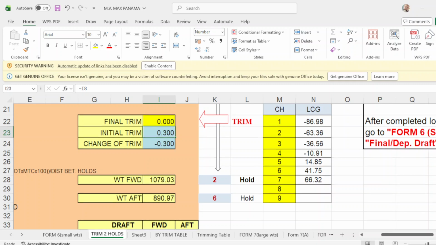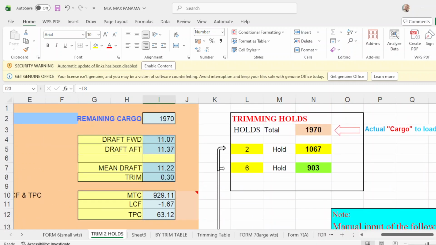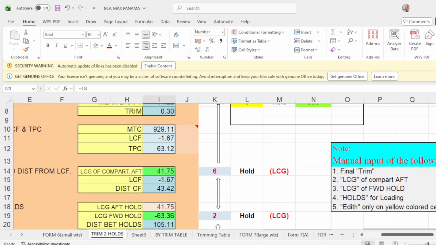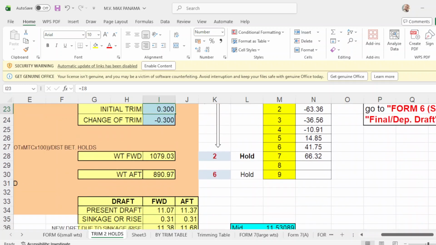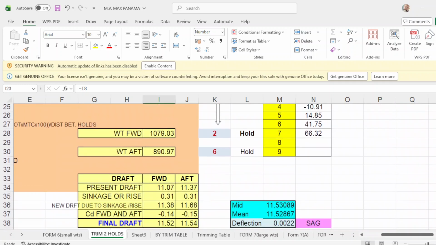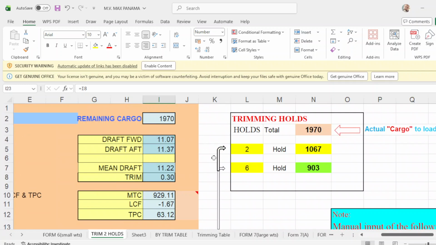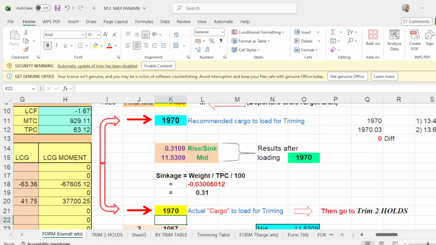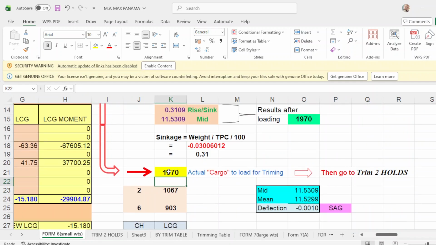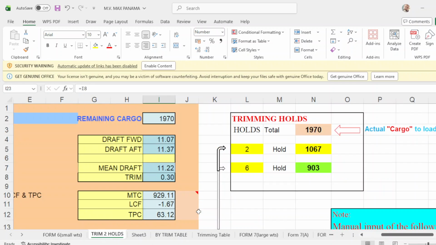You go to hold number 2. I just want to double check, guys. 1970. Then you go to trim holds. Okay, already here.